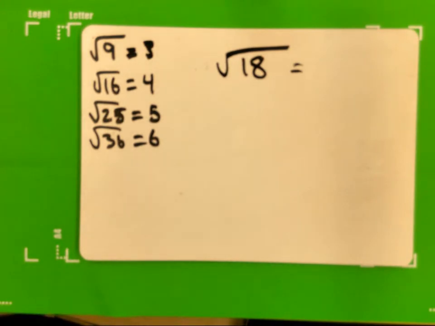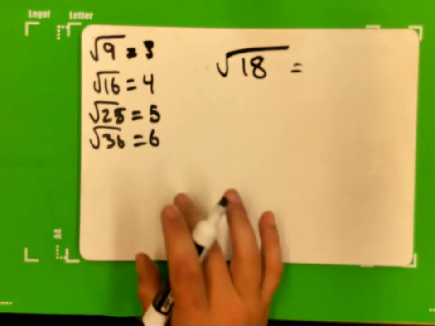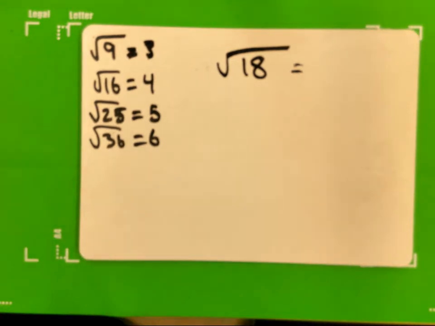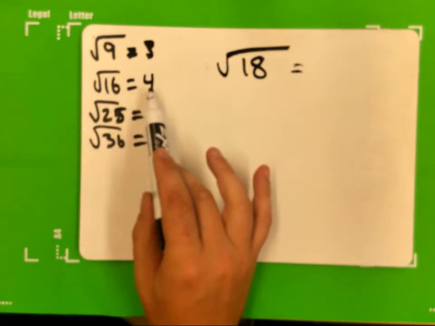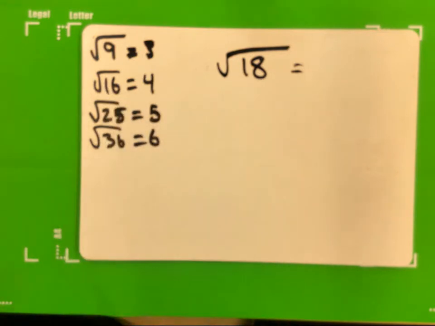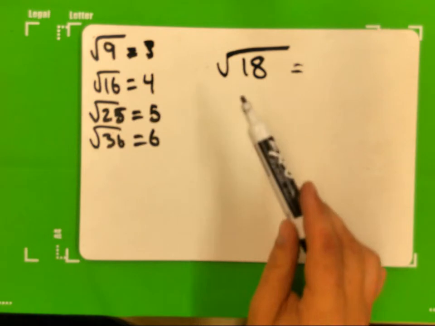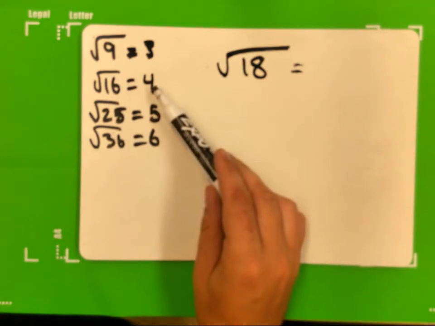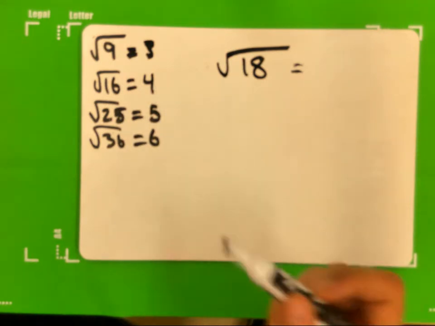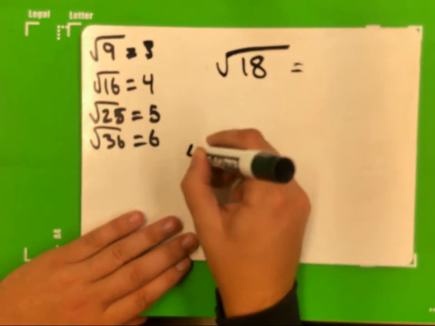So we're going to pick a number between 4 and 5 and multiply it by itself to see how close it is to 18. We know that 18 is between 16 and 25, and it's closer to 16 than 25, so I'm going to pick a number closer to 4 than 5. For example, I'm going to start with 4.2.